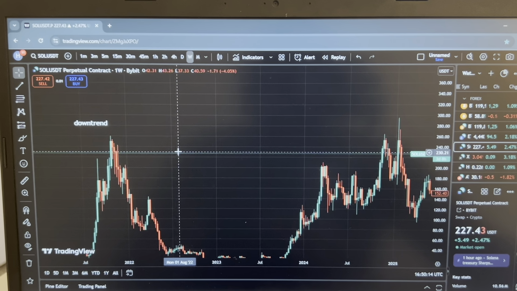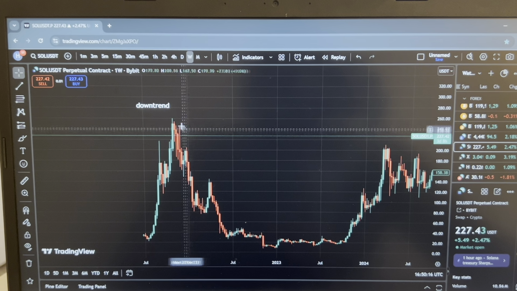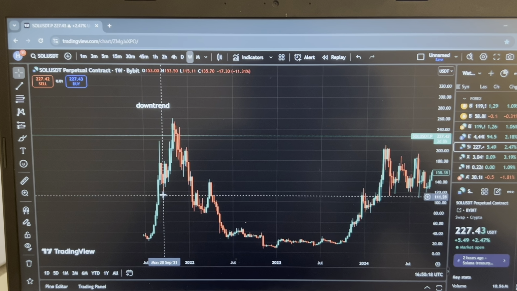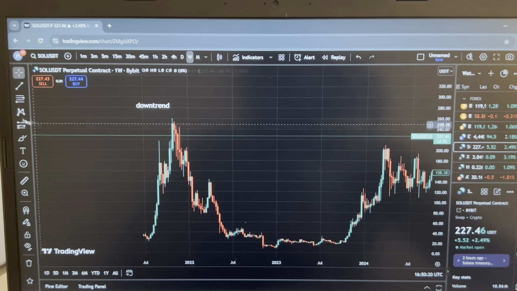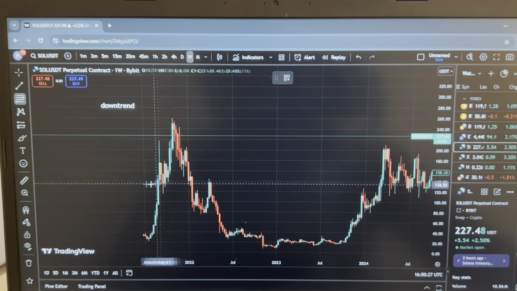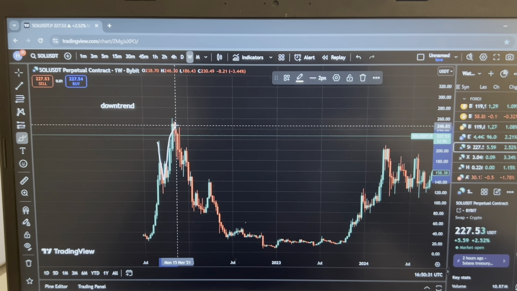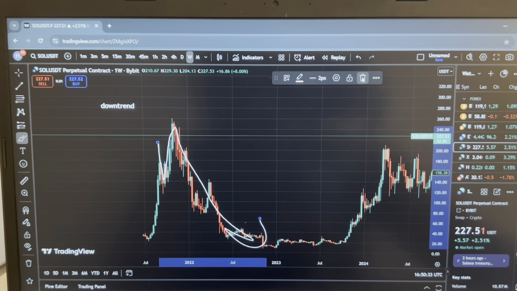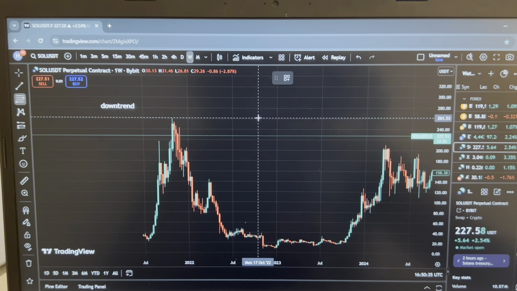We'll go further back, and as you guys can see, there is a downtrend somewhere over here, and it was initially in an uptrend. Let's see whether the Fibonacci retracement tools are actually working or not. Initially it was this and then it went down. So let's use the tool.